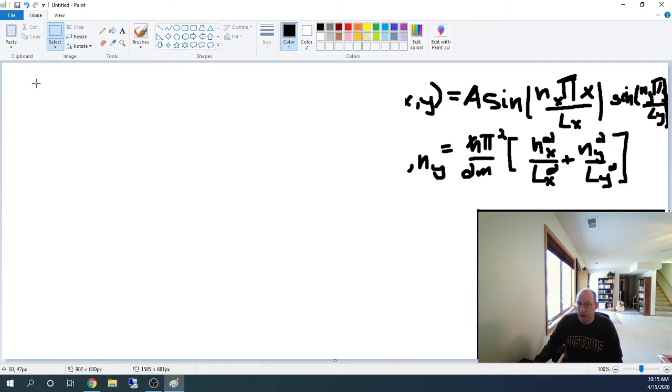Hopefully it's okay if I just do 2D instead of 3D. 3D problems are a little more tedious, but not more instructive than a 2D problem, because you get the same idea. Let's say we're doing a two-dimensional box problem, and let's say that L sub x is twice as big as L sub y.